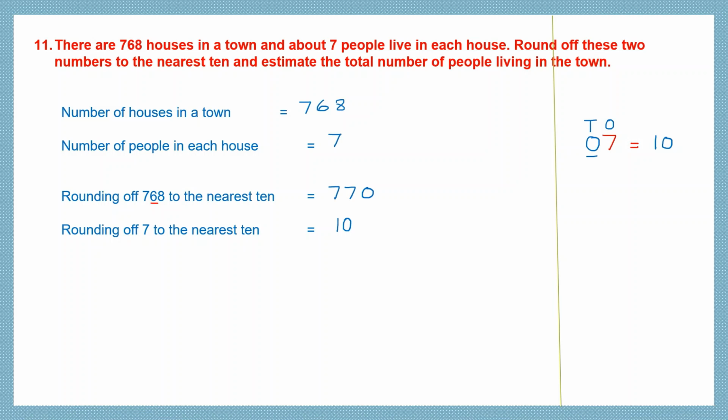Now, you have to understand the sum. So number of people is around 10. We've rounded it off in each house, and there are 770 houses. So to find the total number of people here, we have to multiply these two numbers. That means we must find the product. So the product will be 770 into 10.